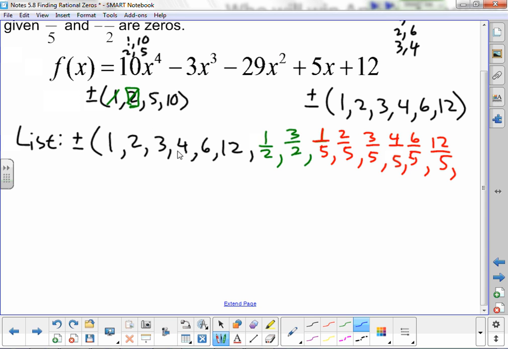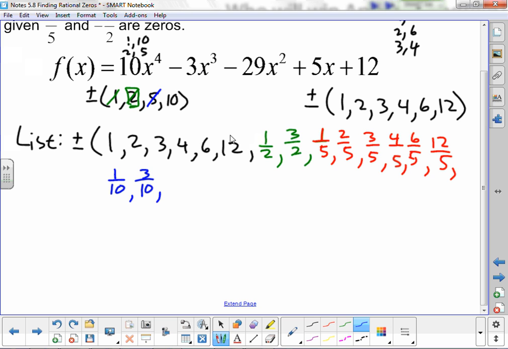So 5 is done. Okay, I'm running out of room, so I'm going to start down here. 1 over 10 is not on our list, so I'll put 1 over 10. 2 over 10 reduces down to 1/5, which is already on our list, so we don't have to put that. 3 over 10, there's no 3 over 10, so I'll add 3 over 10.